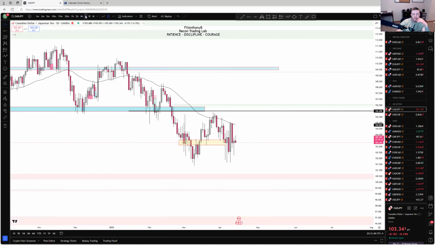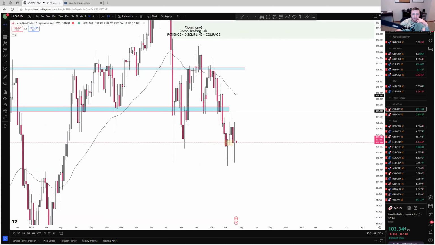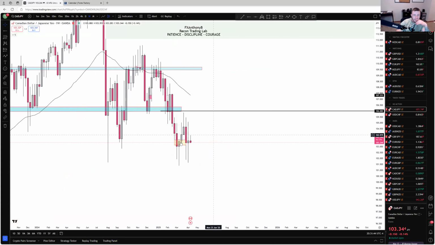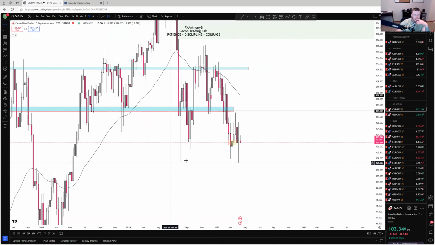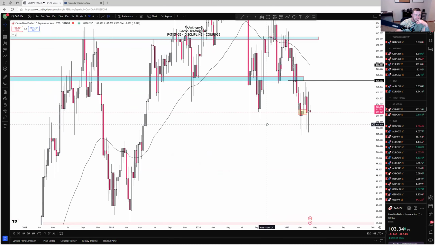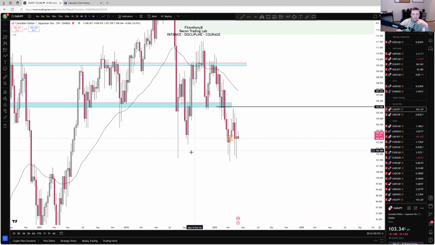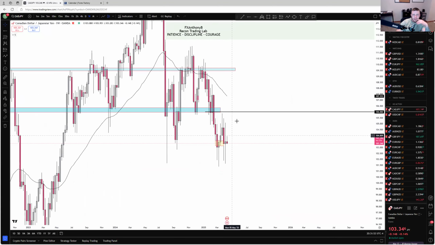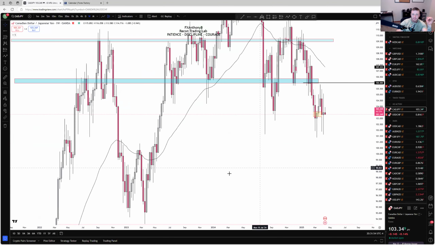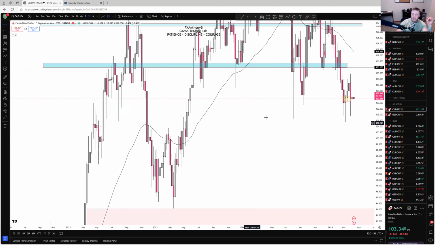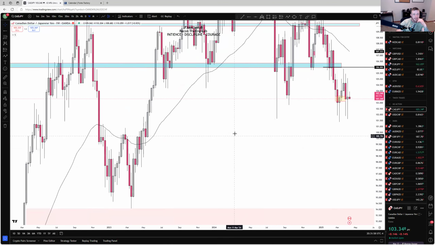Let's go to the higher time frames again. Where would it possibly be chasing? We do have a doji here. Okay. It could possibly push. We have rejection on both sides.